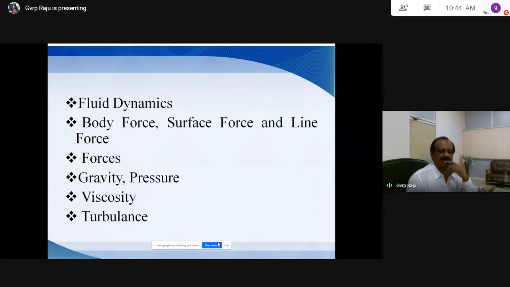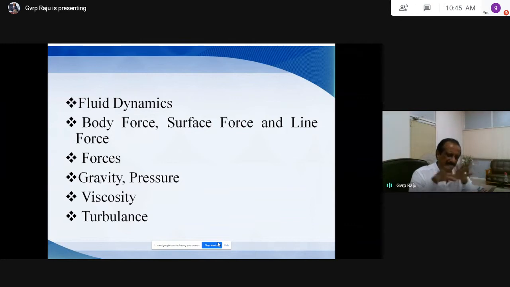Not necessarily the forces for laminar flow, but for turbulent flow, we have force due to turbulence. Turbulent flow, as you know, is when the fluid particles are moving, the movement is irregular and erratic, and there is a formation of eddies at some places, with intermingling of fluid particles from top to bottom and bottom to top.